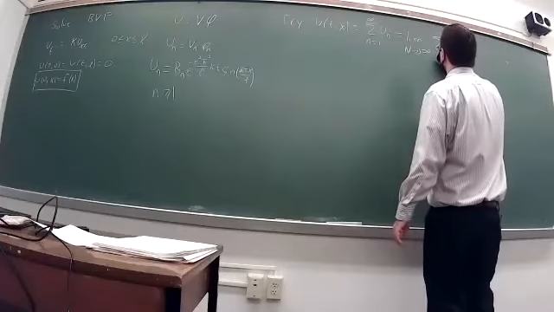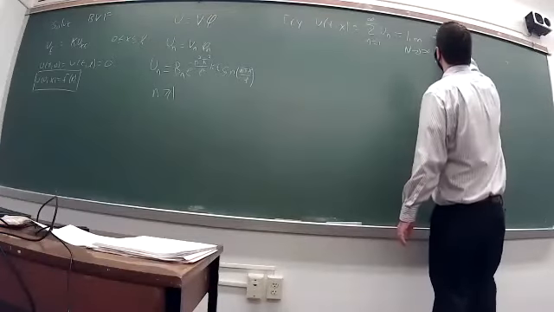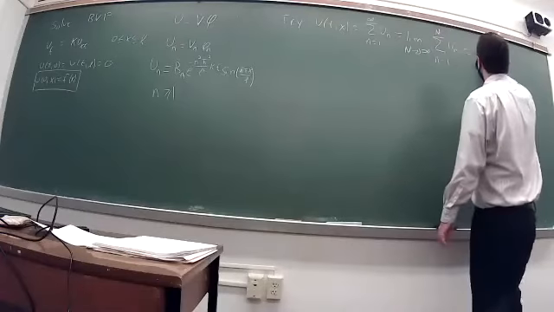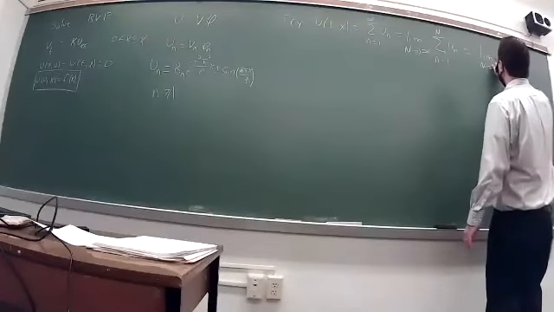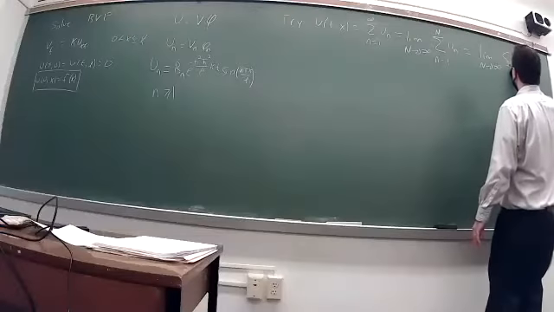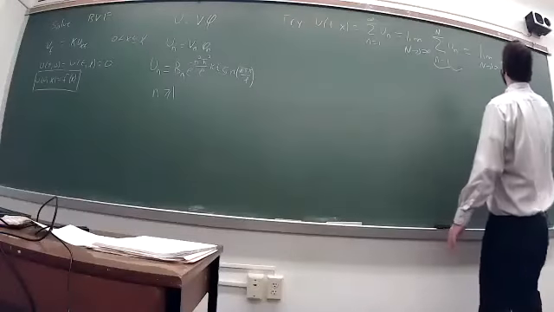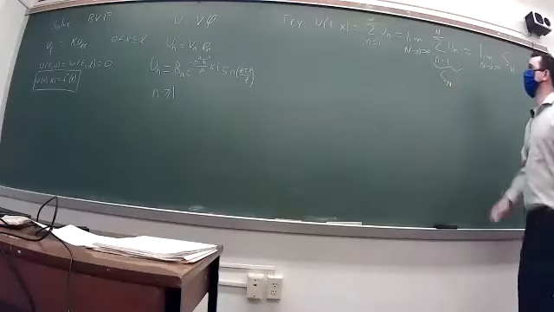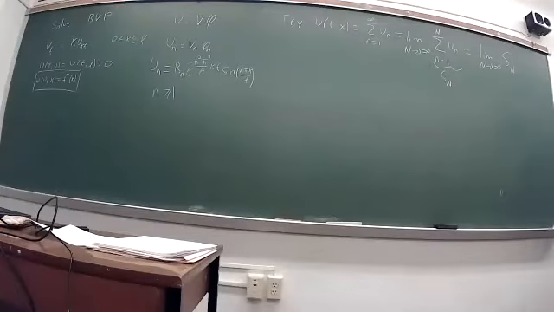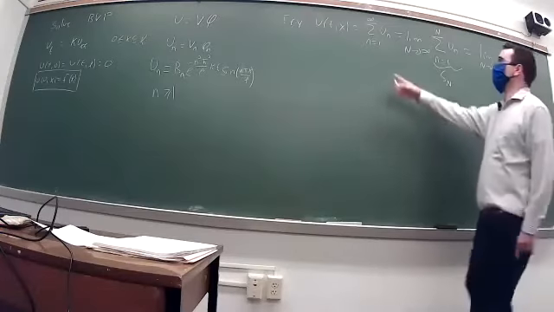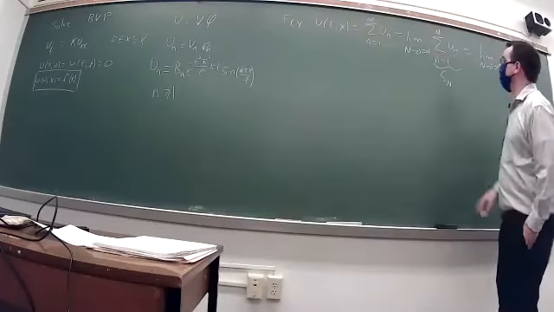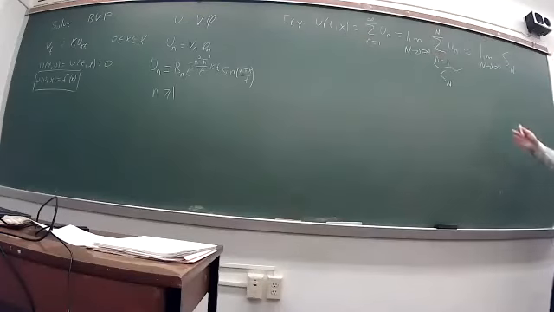So if I take n goes from 1 to capital N, this is the definition of Sn for partial sum. And the definition of infinite series is it's a limit of the corresponding sequence of partial sums.